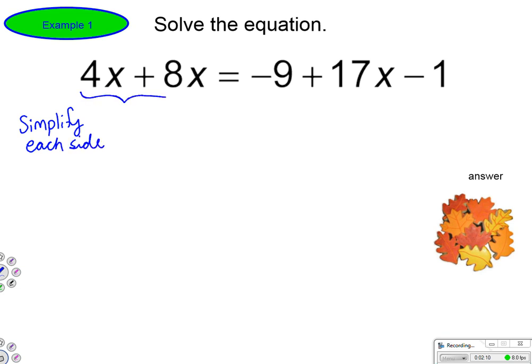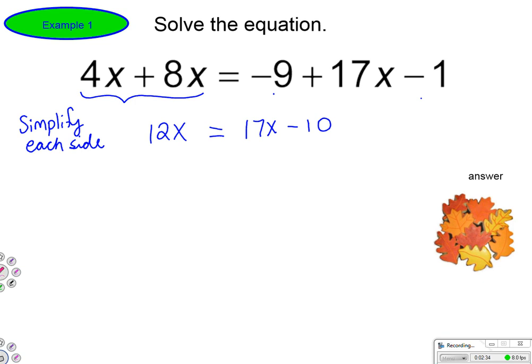So like terms here, that's going to present through addition as 12x. On the other side, I see a 17x, and then negative 9 and a negative 1 make negative 10. Add those like negative numbers together.